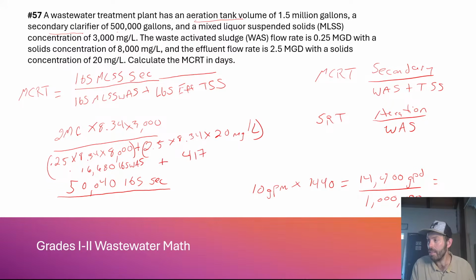Plus, you add those two together, and I'm going to put that down here, is 17,097 pounds leaving the system every day, per day.